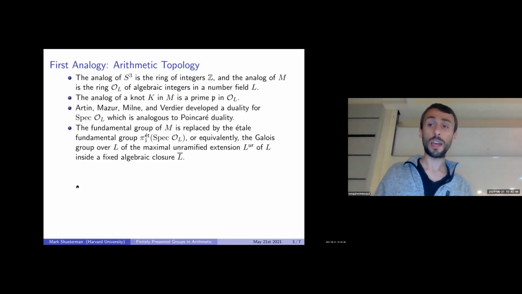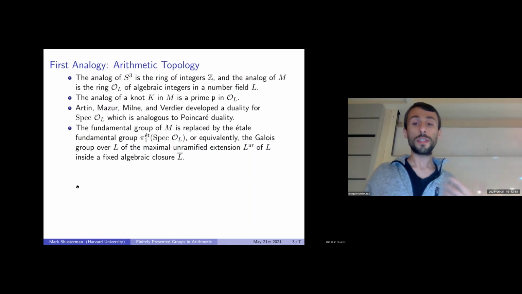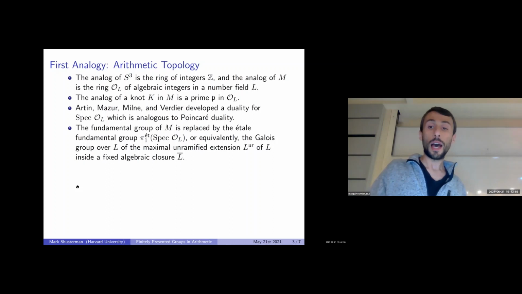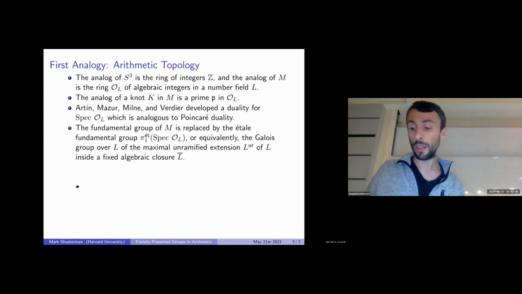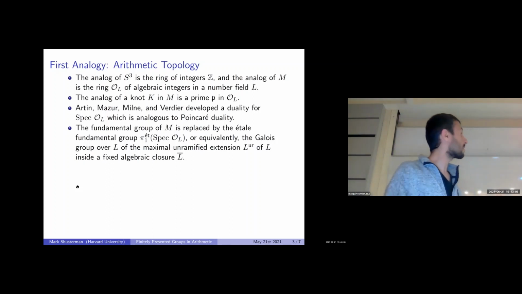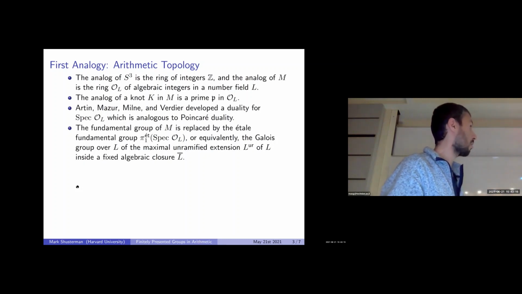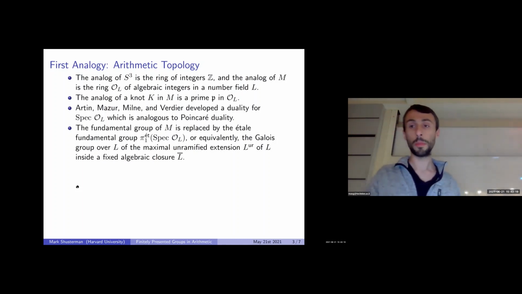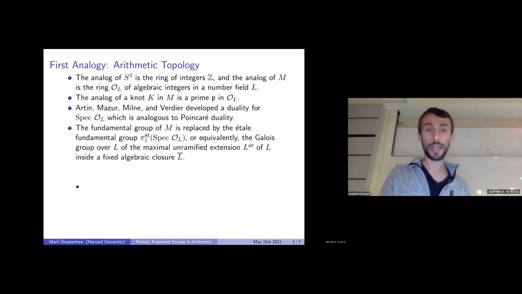It turns out that this is, in simpler terms, the Galois group of the maximal unramified extension of the field L over L. So it's the Galois group of some quite big, potentially infinite extension of L. Some kind of Galois group of a very big field.